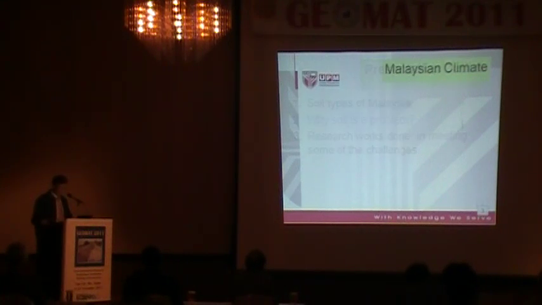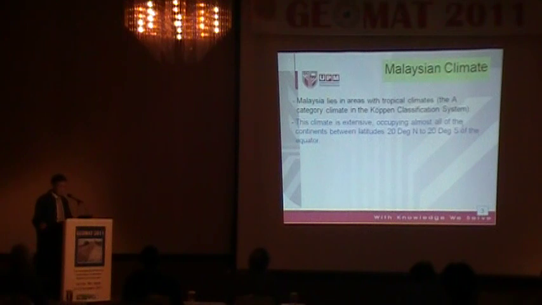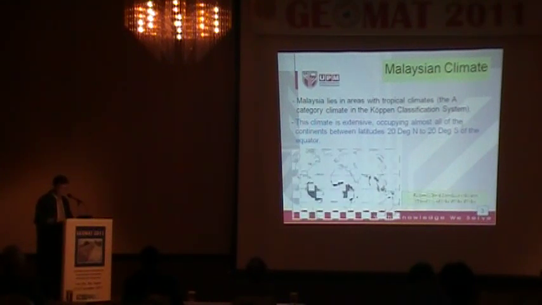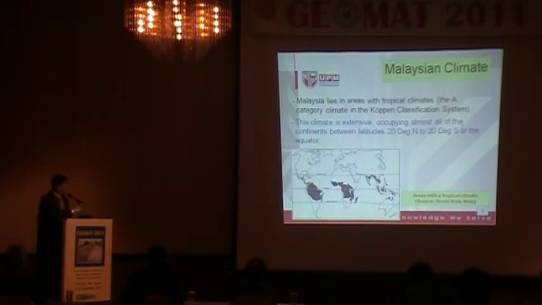Okay, to begin with, let me start with Malaysia. For those of you who have not been to Malaysia, you will know that Malaysia is a tropical country, so the climate is plus minus 20 degrees north-south of what we call the line of equator. So you can see here, Malaysia is somewhere there.